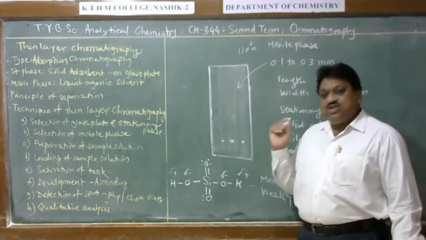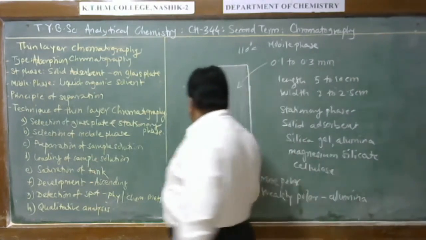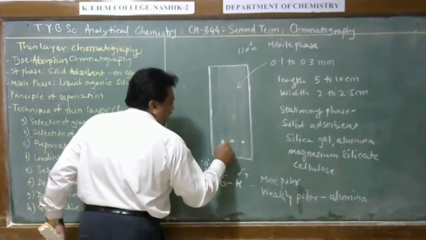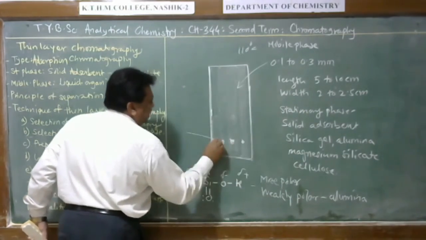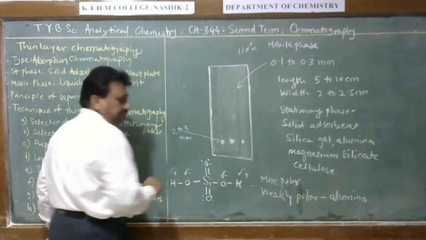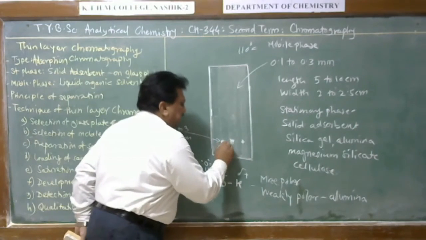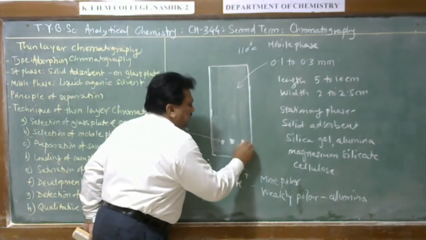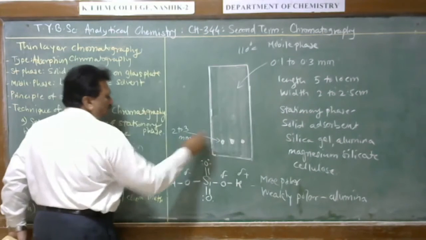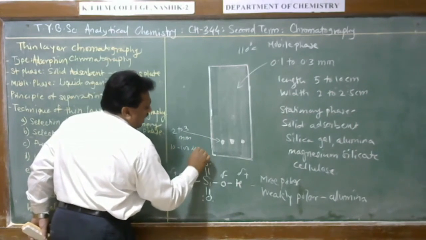A sample is loaded on the glass plate in the form of a spot, and here the size of this spot is about 2 to 3 millimeter. The dimension should be less than or equal to this, and this spot contains about 10 to 100 microgram of solid.